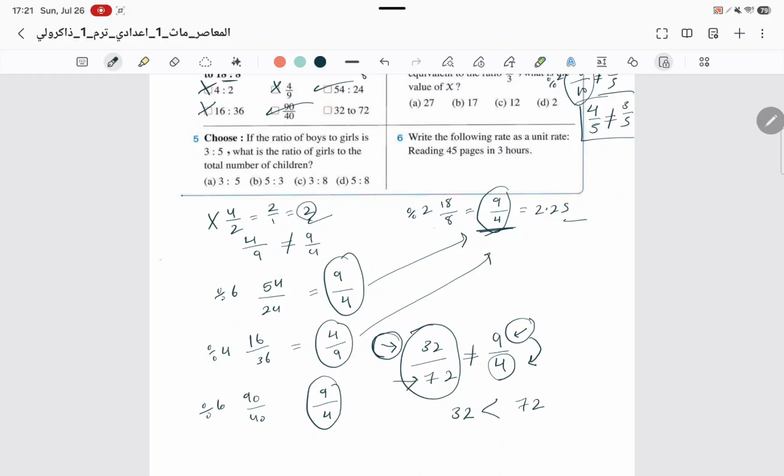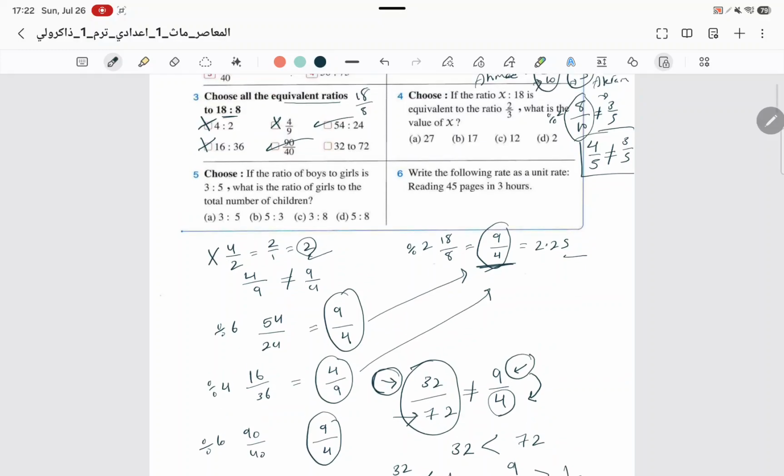So 32 over 72 is less than 1. But 9 over 4 is bigger than 1. So that is not equal. So this is wrong as well.